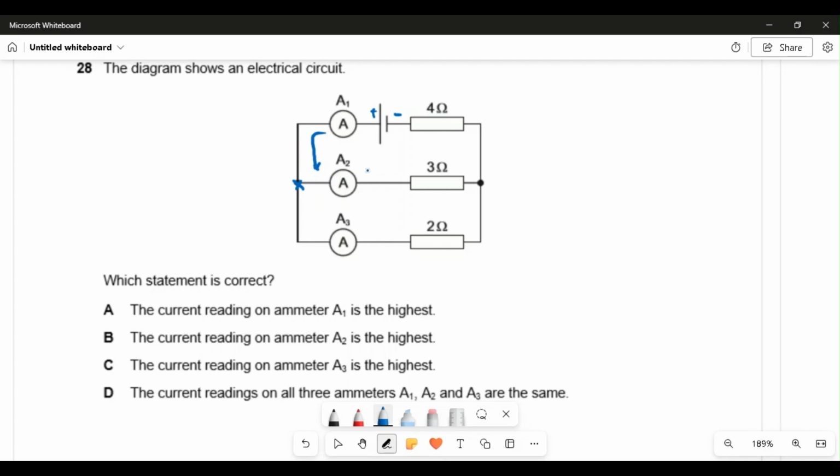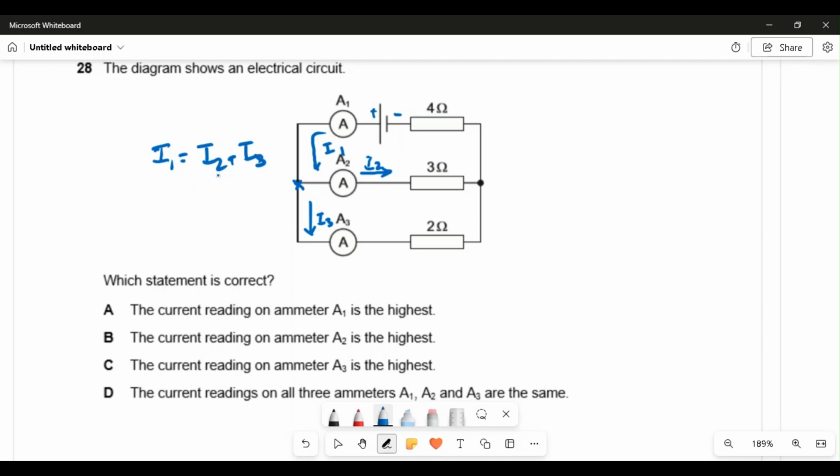Some part will move to this branch and some part will move the other way. So if I name this current I2, and this current I3, then according to current convention, the total current I1 will be divided into two branch currents, I2 plus I3. You can also say the sum of both currents I2 and I3 will be equal to I1.